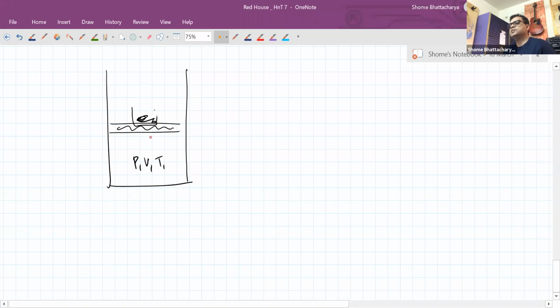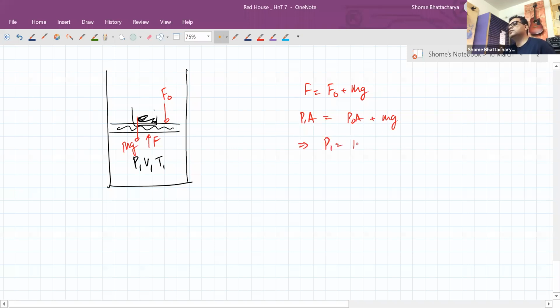So the force the gas is applying must be balanced by the weight of this thing plus the force that the atmosphere is applying. So F is equal to F naught plus mg. Okay. So F is internal pressure into area initially, and atmospheric pressure into area plus mg.